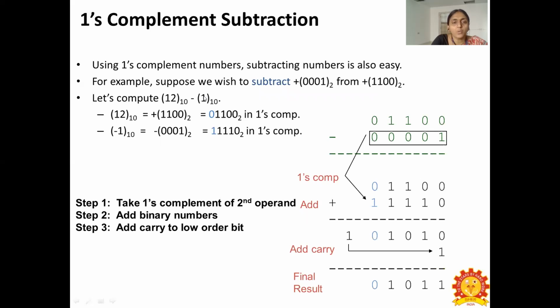We take the 1's complement of the second operand and then add like a normal binary addition. Here is an example where the second operand is considered as 1's complement. The 1's complement of 1 is 11110. Now we are going to do the normal binary addition.